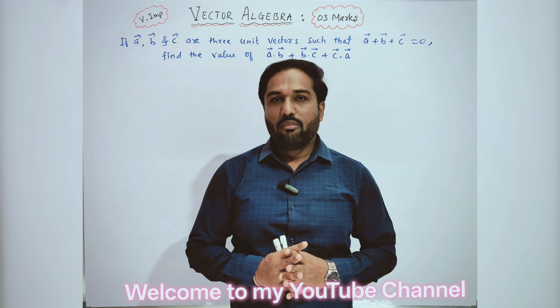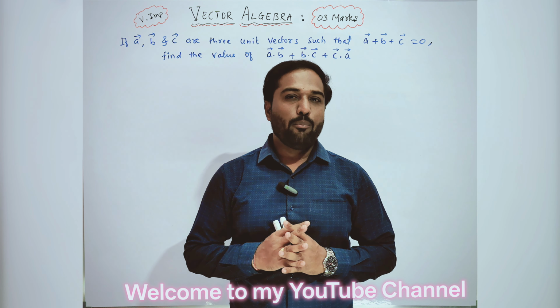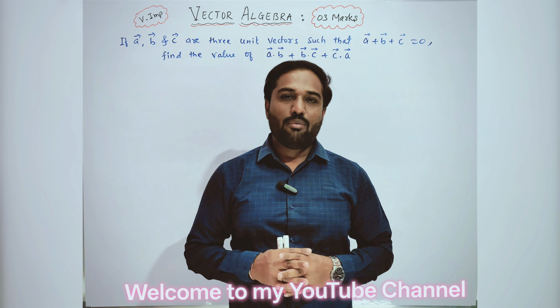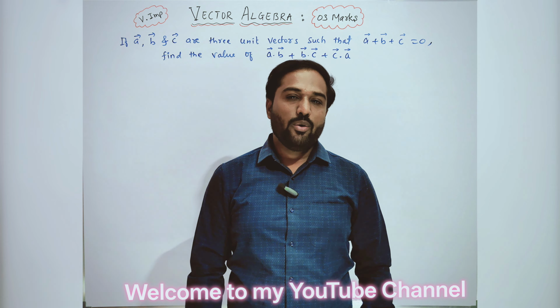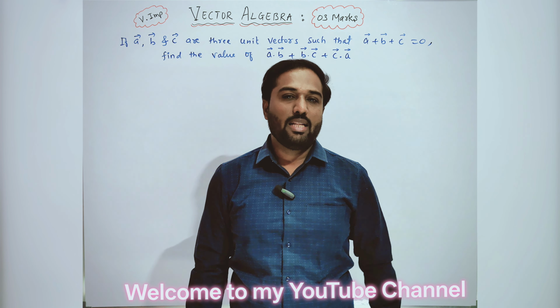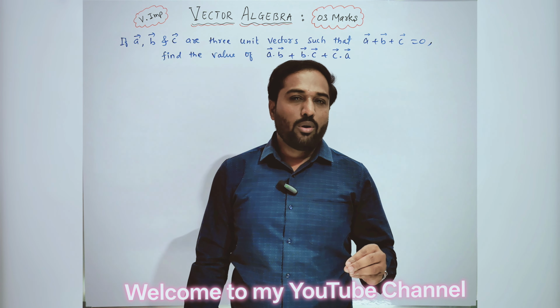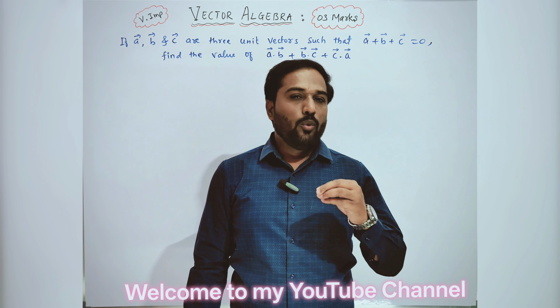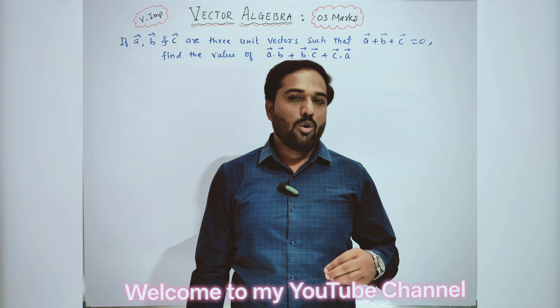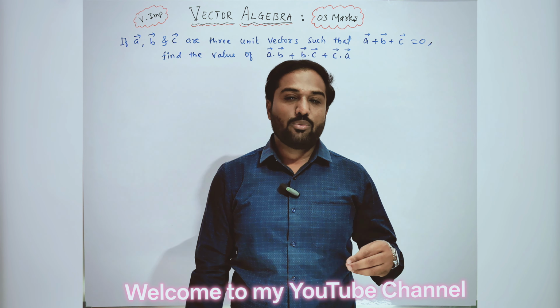Today we are discussing one more important topic for 3 marks, which will be asked in your examination, that is vector algebra. This is very important because questions will be asked on this chapter for 3 marks, 2 marks, as well as 1 mark.